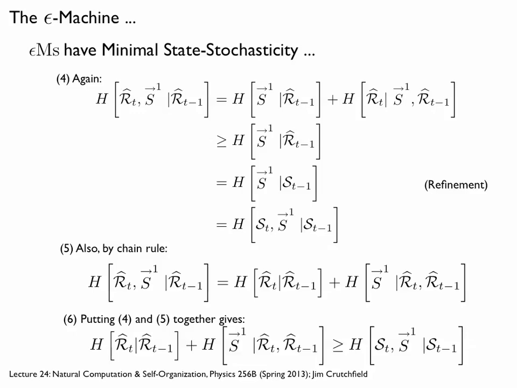Putting these two things together, since these are equal and I just showed this is lower bounded by this quantity, this right-hand side is greater than or equal to this. What I'm trying to do is pull out terms like this, because I want to make bounds on the rival internal state process and the causal state internal process.